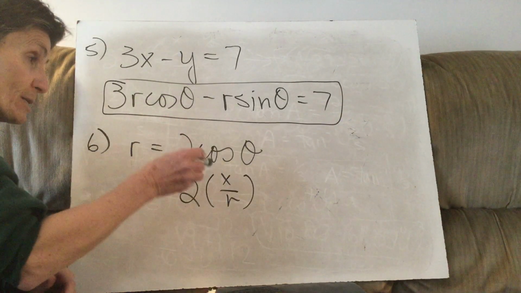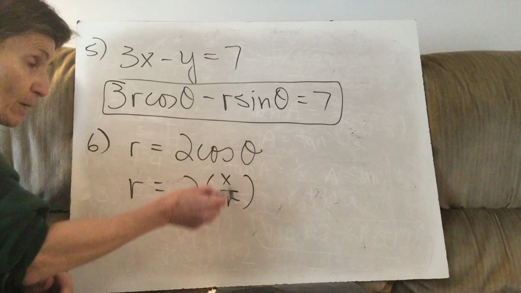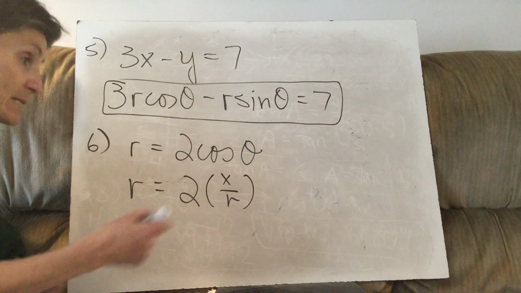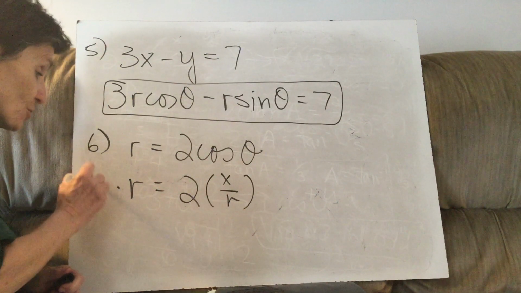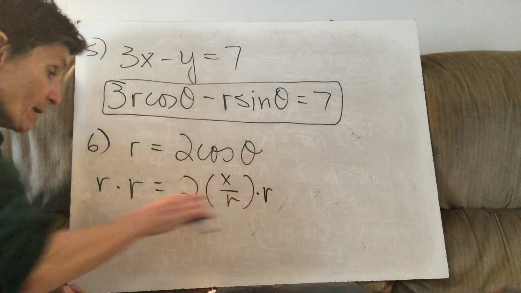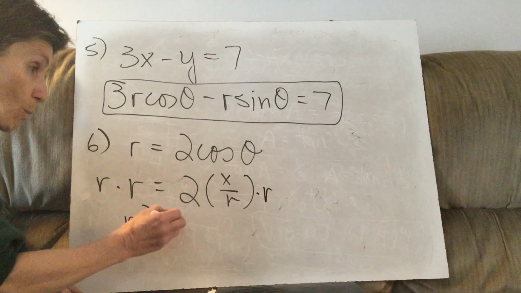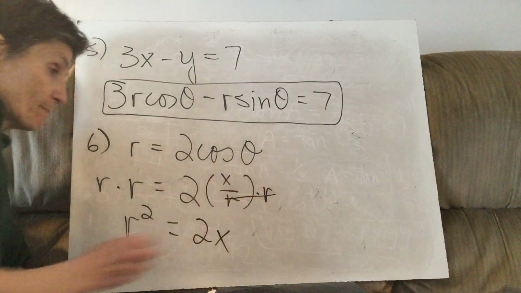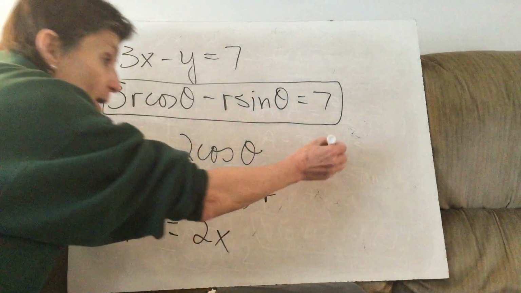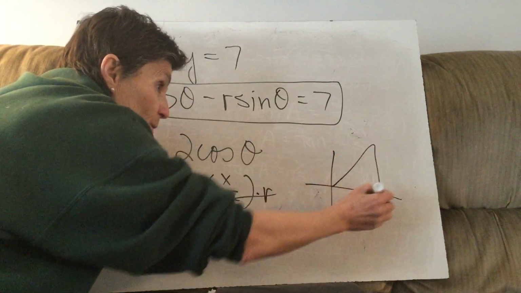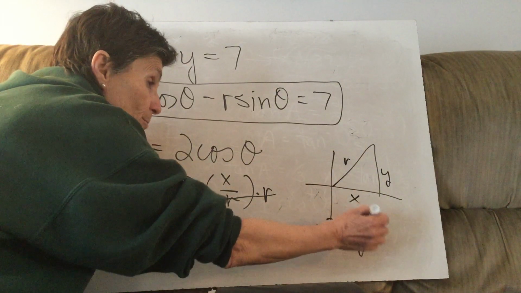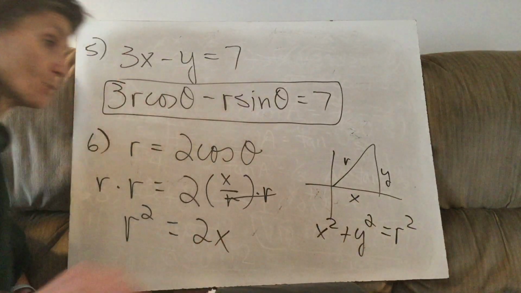Now, every time you do this, no matter what the function is, this will be different depending on the function. Cosine happens to be x over r. But every time you're going to have a fraction, and you're going to want to get rid of the denominator. So we're going to multiply by r. So we have r squared equals 2x. Then we remember from that triangle that we have used over and over again that x squared plus y squared equals r squared.